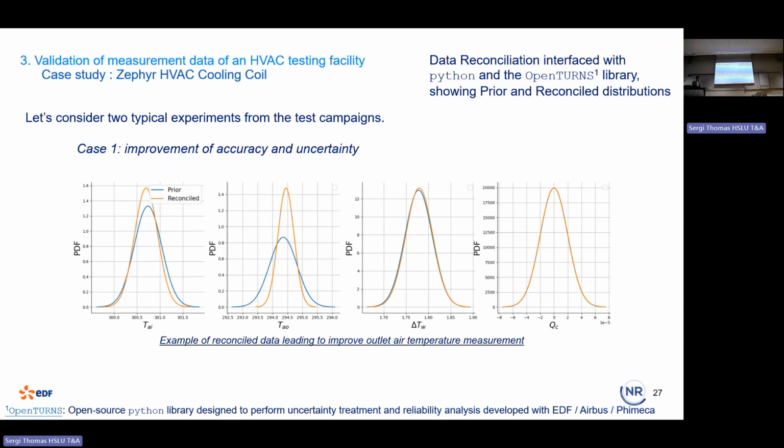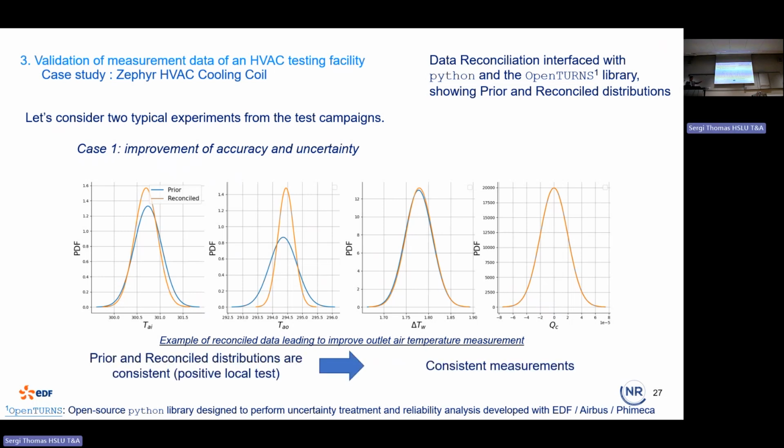And we see that it's coherent in a way. The distributions are not too far from the initial measurements. And we see that the accuracy, for instance, for this measurement has been improved. So those prior and reconciled distributions are consistent, and those measurements could be used, for instance, to calibrate a model after.